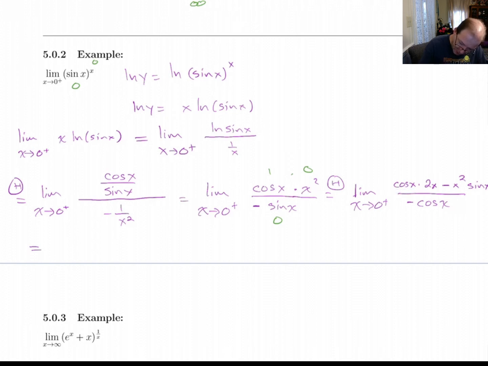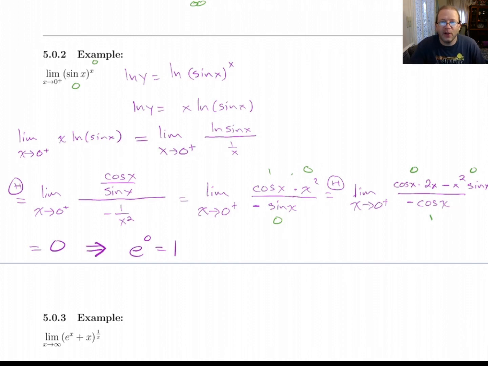Cosine of 0 is 1 times that gives us 0. And over here, we've got 0 times 0, which is also 0. And on the bottom, we've got 1. So our answer, at least to the natural log of this, is going to be 0. And so that means the answer to our original problem is e to the 0, which again is 1.